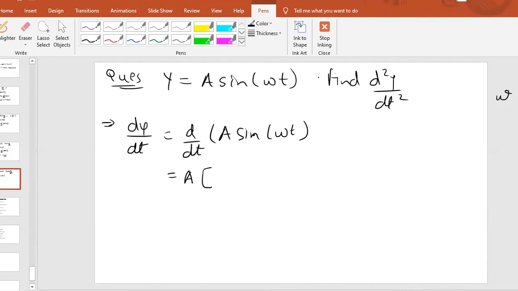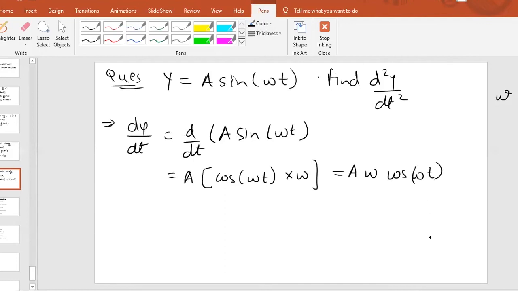The differentiation of sine is cos. Now go inside the bracket and differentiate omega t with respect to t. That would come as omega. So dy by dt will be equal to a omega cos omega t.